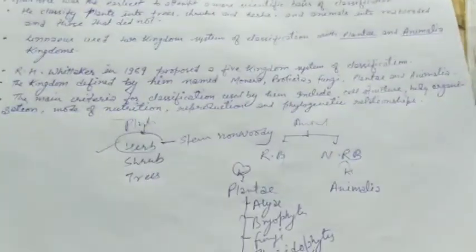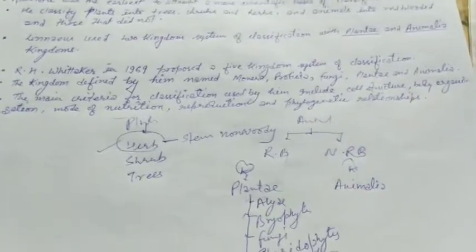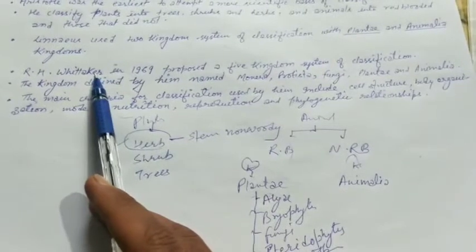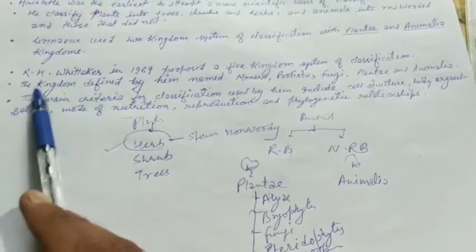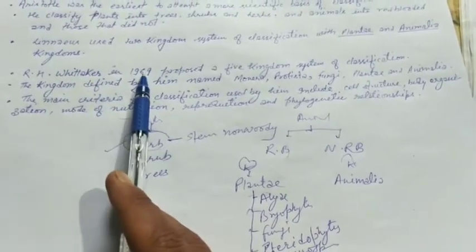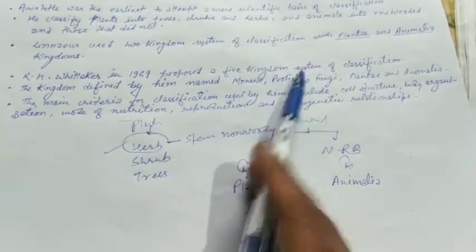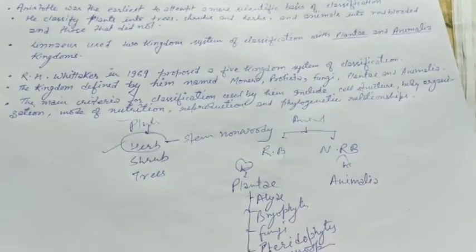And then a third classification system was used, which is very important for your examination purpose, which was given by R.H. Whittaker in 1969, and this classification system is known as the 5 kingdom system of classification.